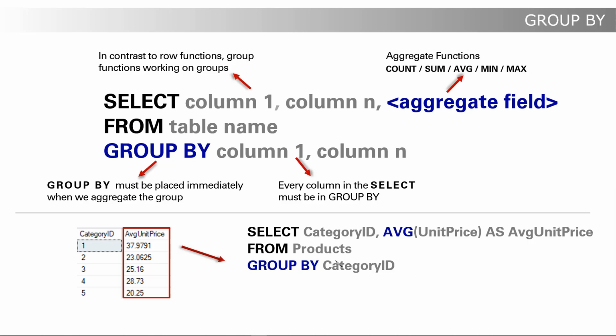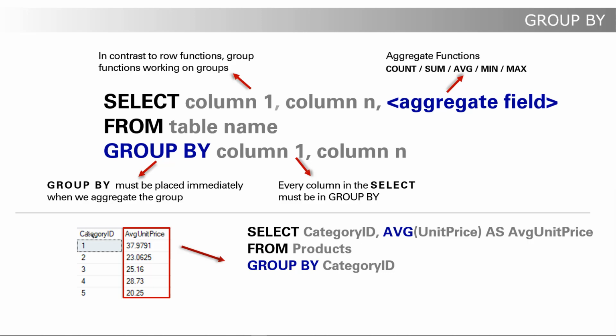Let's see this example. We select the category ID. This is the column that we will group by, comma, average. Average is an aggregate field. It's an aggregation. Average of the unit price. Let's call it average unit price from the products. And if we use average, we must add group by the category ID, the column that we are grouping it by.